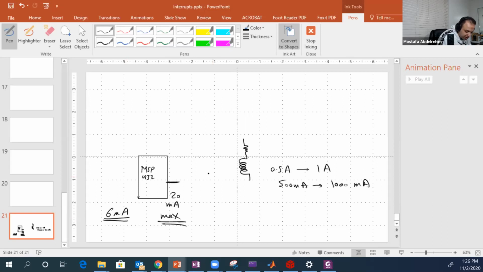So we need some circuit, some module, to convert that small current to a large current.